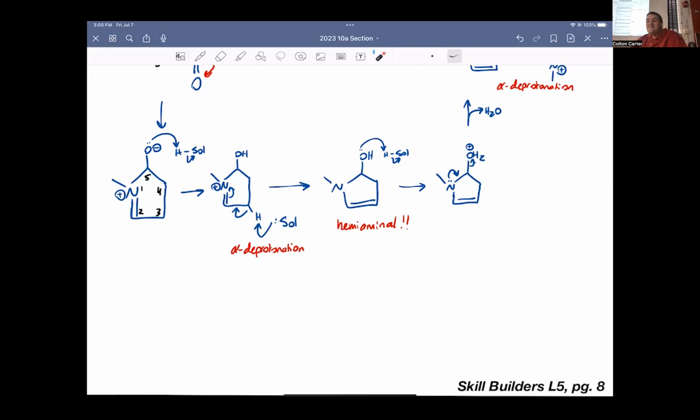Thank you, chromium. Yes. So we take our CrO3, H2O, and that's going to take both of these alcohols to carboxylic acids, and we will be at our product.